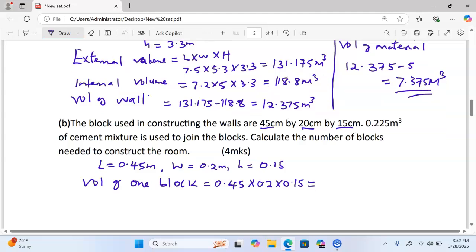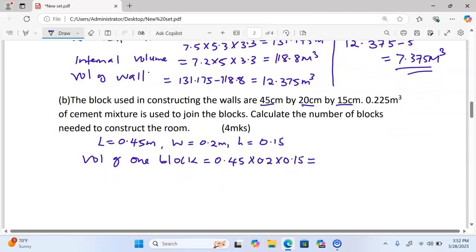This one is going to give us an answer equivalent to 0.0135 meter cubic.